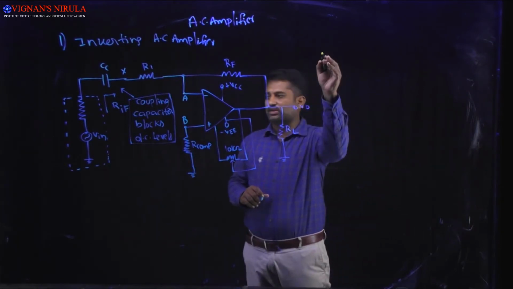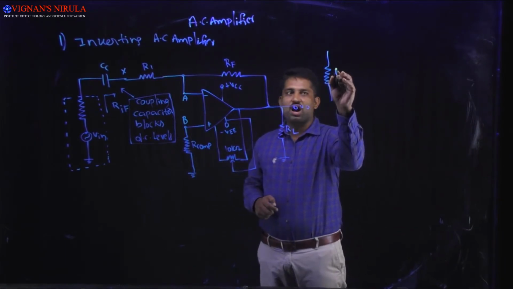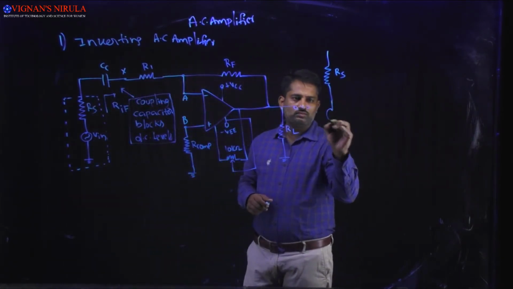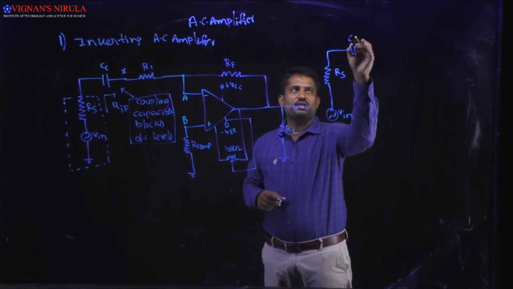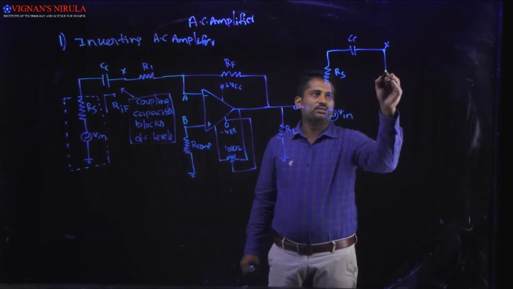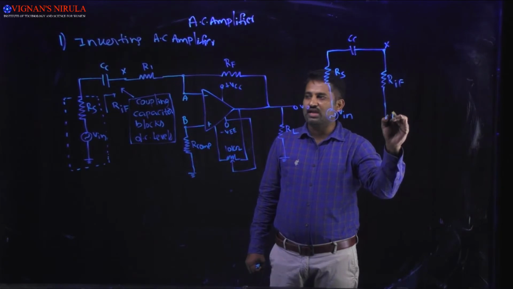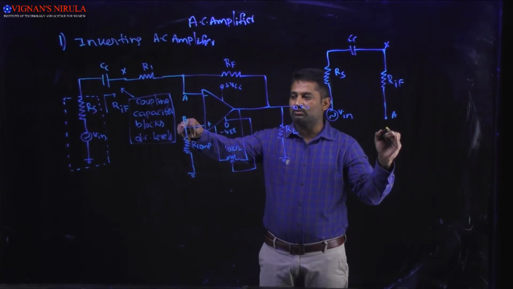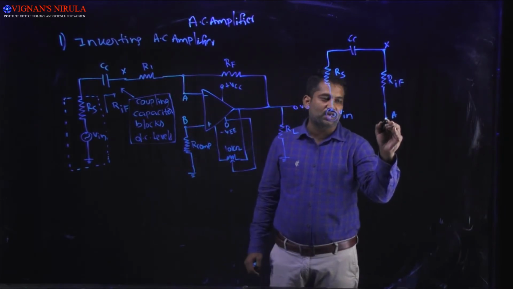For that I am considering the input block. Here it is RS and it is Vin, and here we are using the coupling capacitors CC, and here I am taking it as X node, and here the input resistance with feedback, and A. According to the virtual ground concept, if B is connected to ground, obviously the potential at B is at ground, and the potential of A is also at ground.